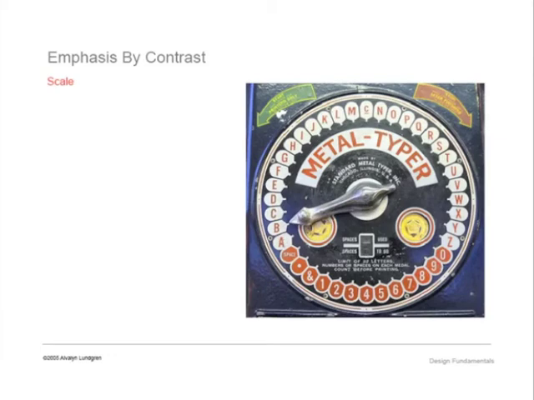Color is switched, figure-ground understanding, colors reversed, to be able to quickly see the numerals versus the letter forms. But notice that the name of the Linotype machine, the metal typer, is larger, so that is emphasis by scale. So that we know that this is not a weight machine or some other option.